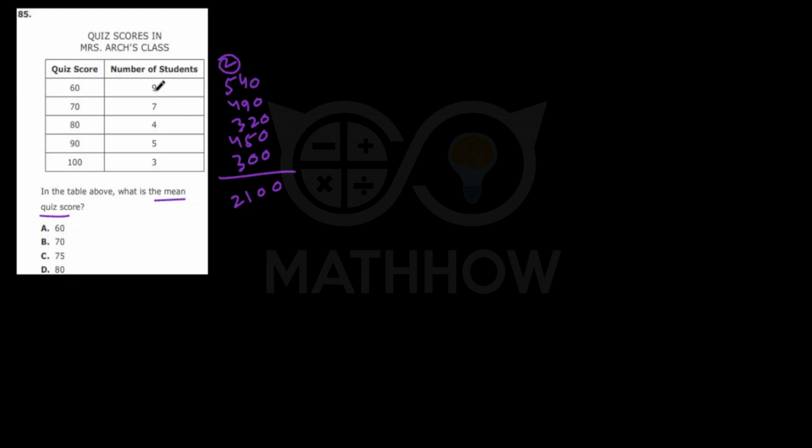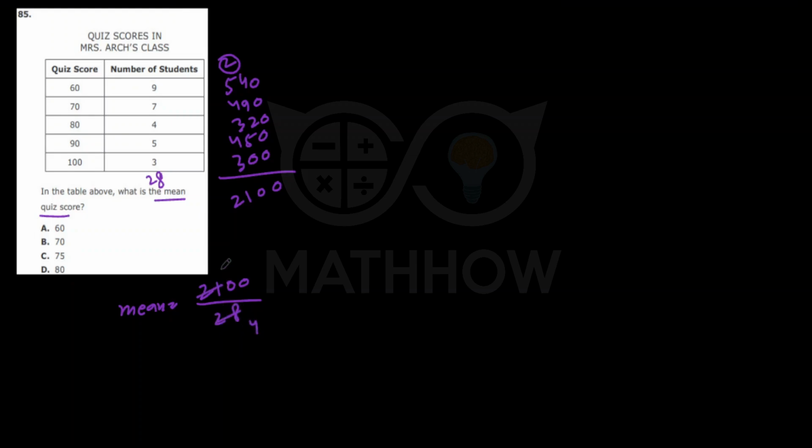Adding these, 9 plus 7 will become 16, plus 4 will become 20, 25, and 28. Now the mean is this value divided by the total number of students, which is 28.